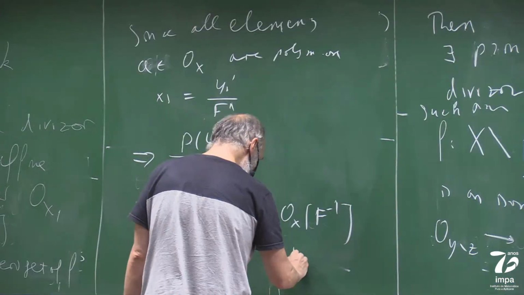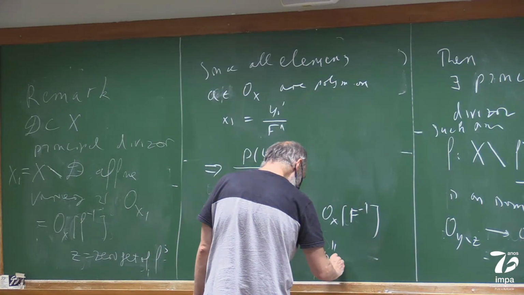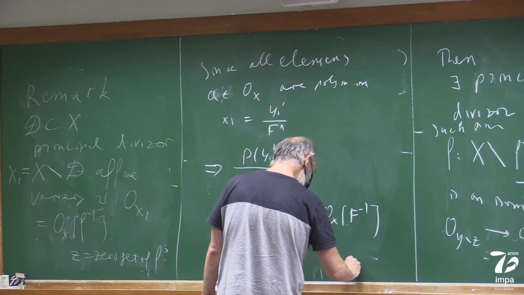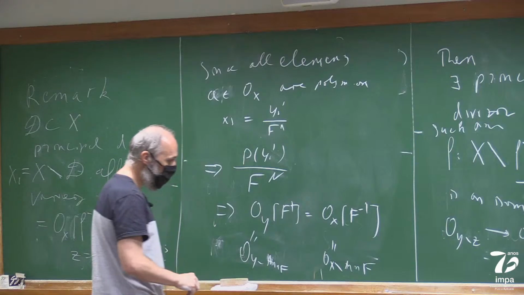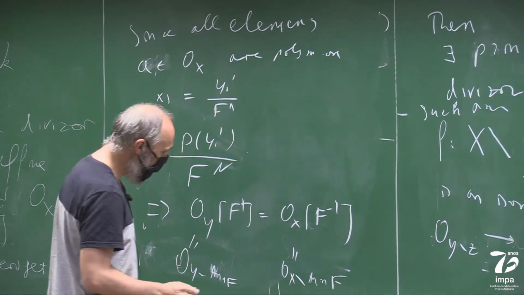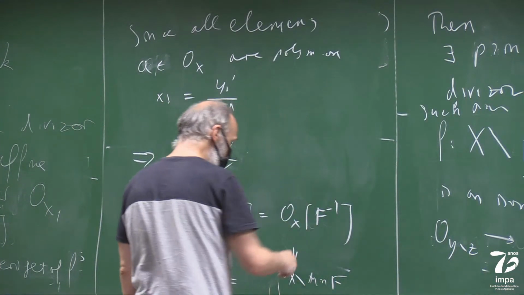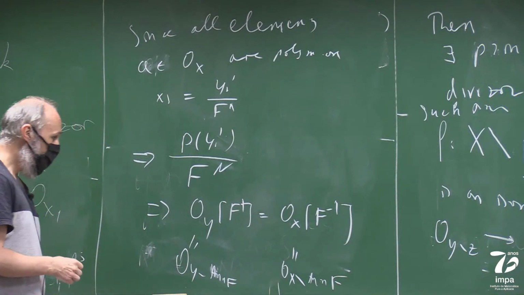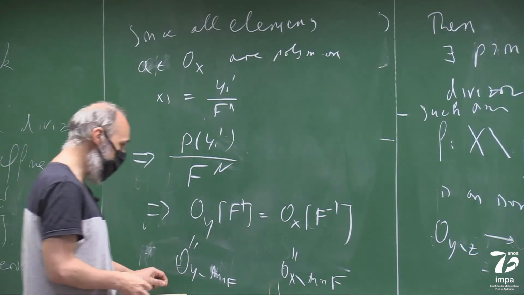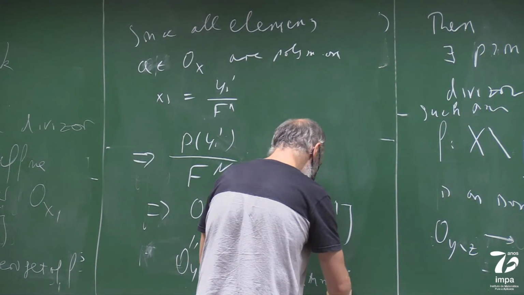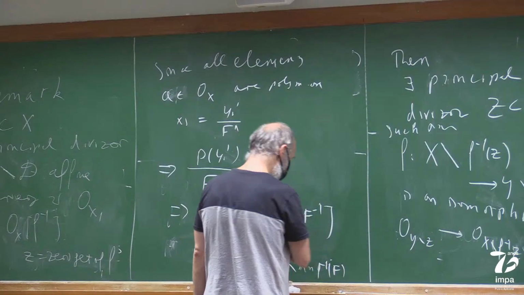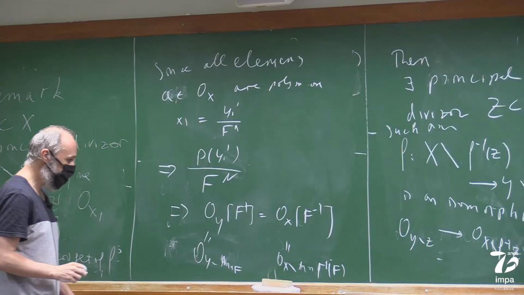And this is the same as O of x without the annihilator of f. Again, or the image of f, doesn't matter. Here we probably write f minus 1 for that to make sense.